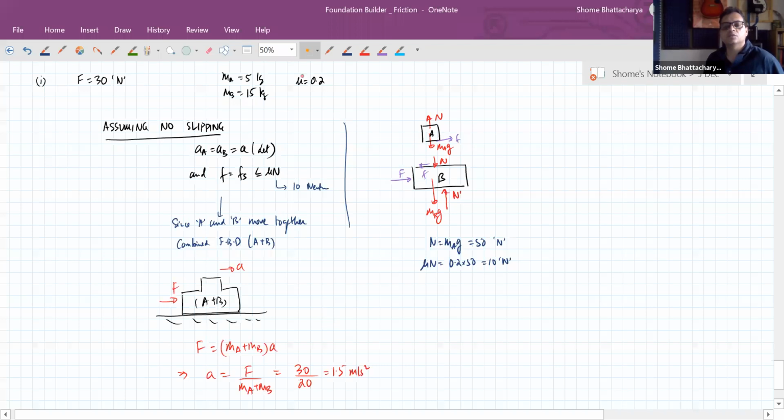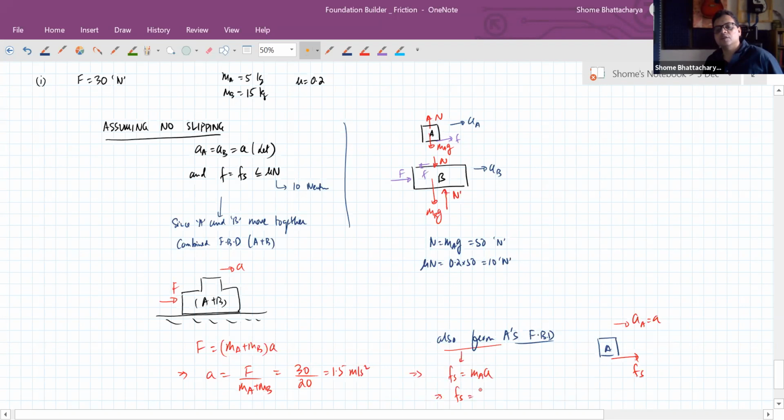That should be the common acceleration. Okay. But also from the free body diagram of this block A, which you can see above, as far as horizontal forces are concerned, only one force is acting, static friction, and it should have an acceleration equal to this a. So how much static friction is required? 5 into 1.5, so that is 7.5 newtons.